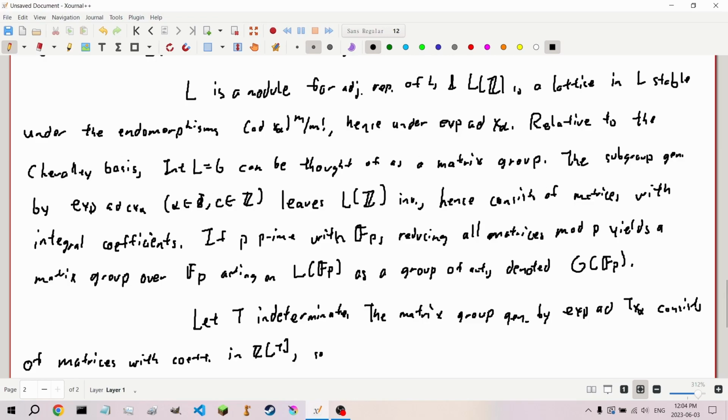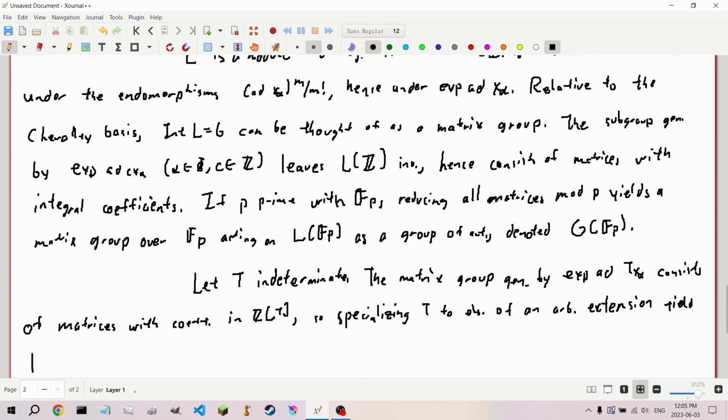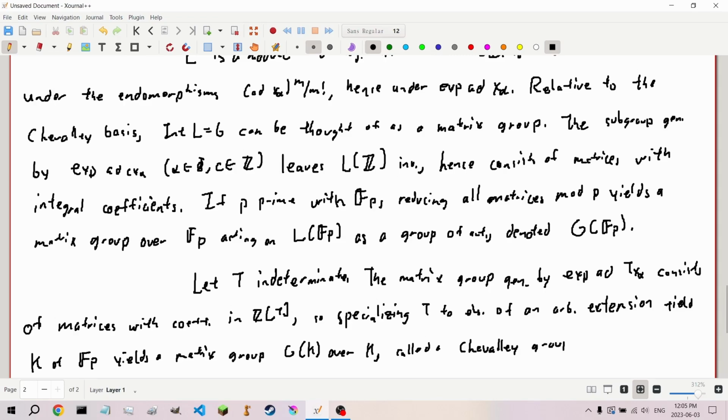So that's specializing T to elements of an arbitrary extension field K of Fp yields a matrix group GK over K, which is called a Chevalley group of adjoint type.